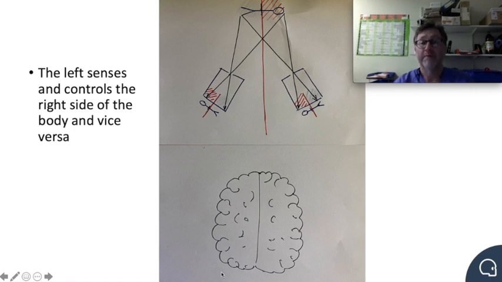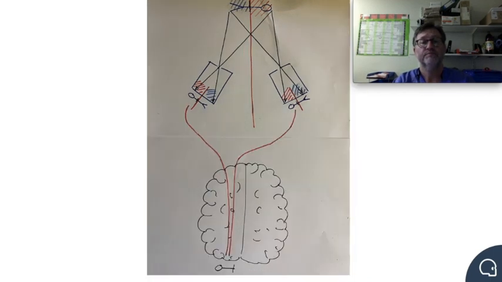If you can remember that, you can work out how it works. So let's go into that in a little bit more detail.